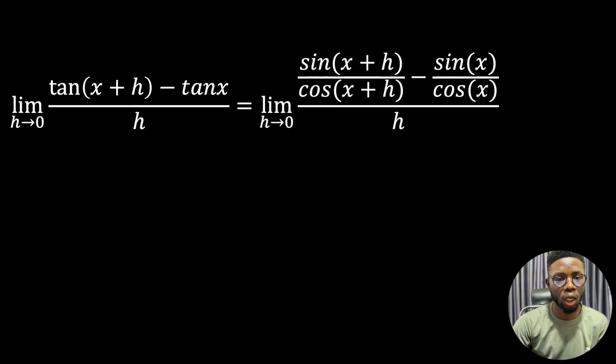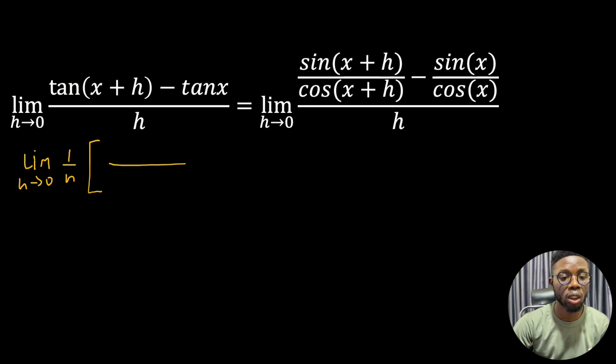I'm just going to substitute that right into the expression, and so we have this. I'm going to simplify this fraction, and this h right here I'm going to make 1 over h, and simplify everything in this place. So we should have the limit as h goes to 0 of 1 over h, and let me put a parenthesis here. The LCM is going to be cos of x plus h, multiplied by cos x.